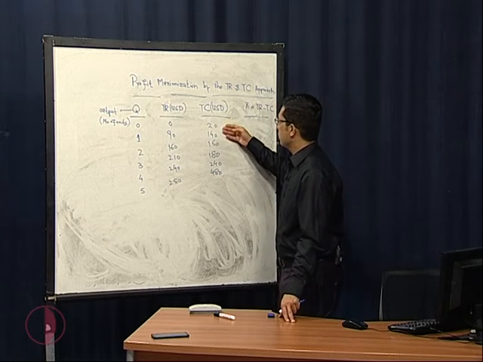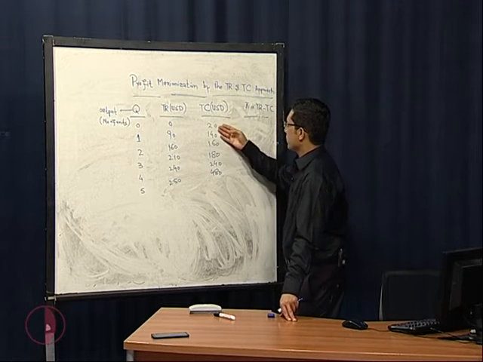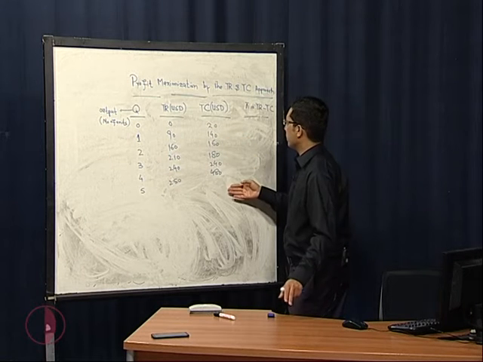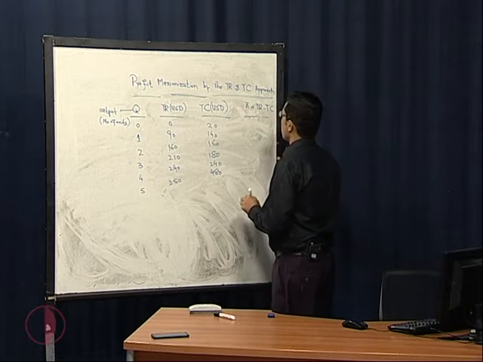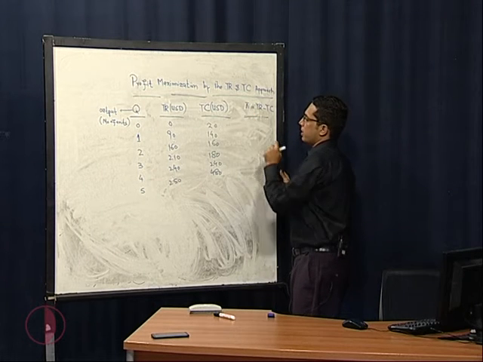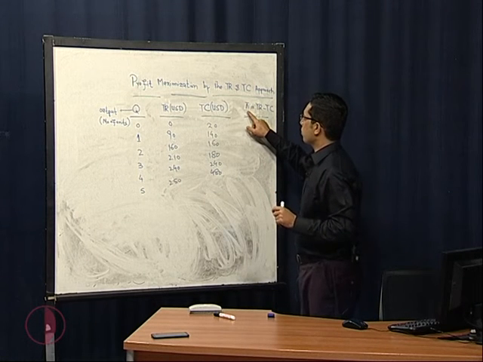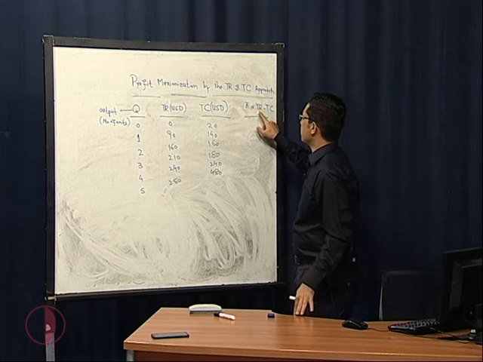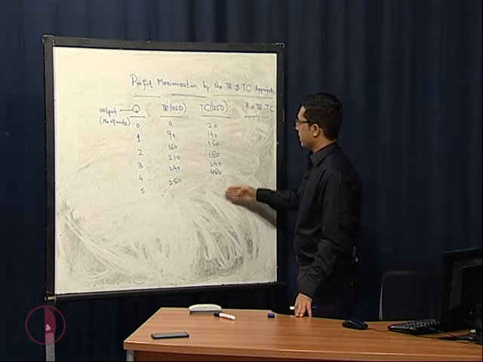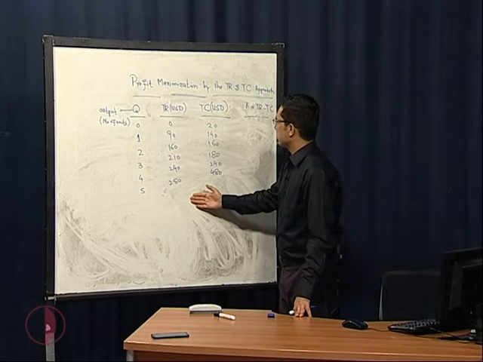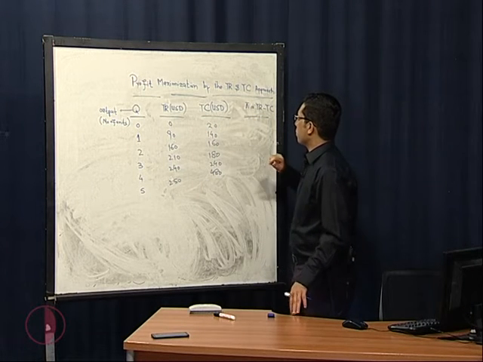Total cost: 20 US dollars, 140 and so on. Total profit: as I have already discussed, total profit is the difference between total revenue and total cost. If we subtract total cost from total revenue, we get profit.